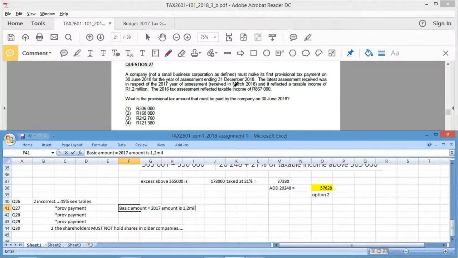Do they say anything about turnover tax? No, they don't. So times it by 28% gives you the tax amount: 1.2 million times 28% gives you 336,000. What is the provisional tax amount that must be paid by the company? Divide by 2. 168,000, option 2.